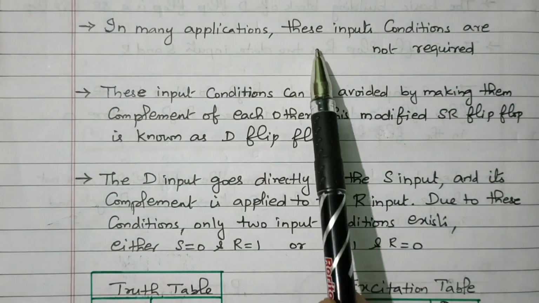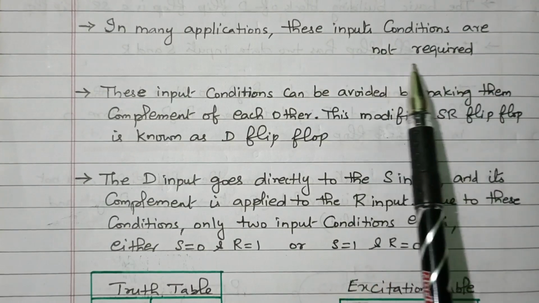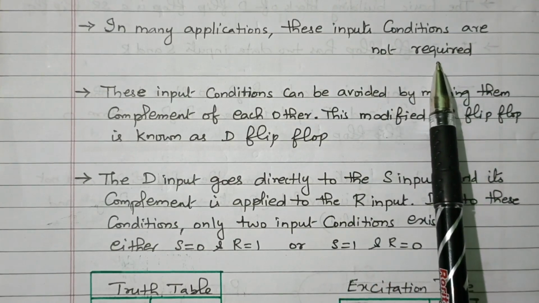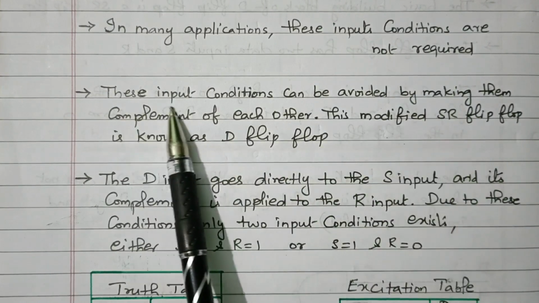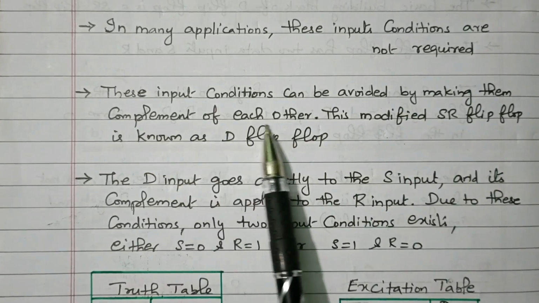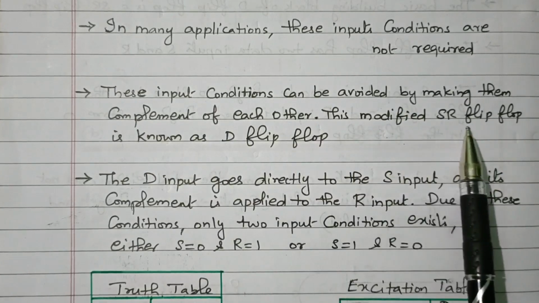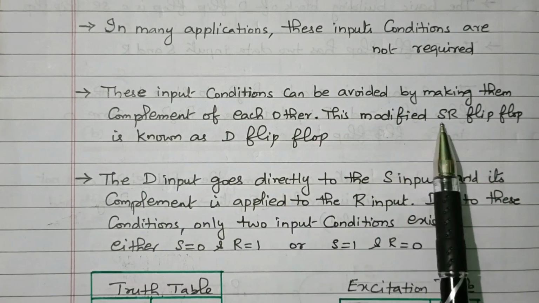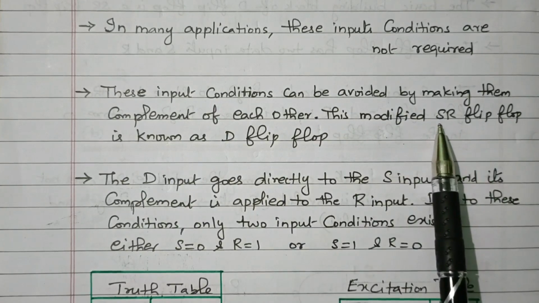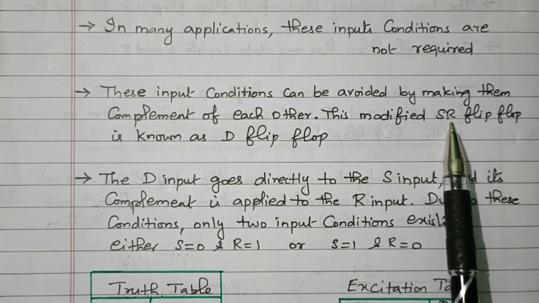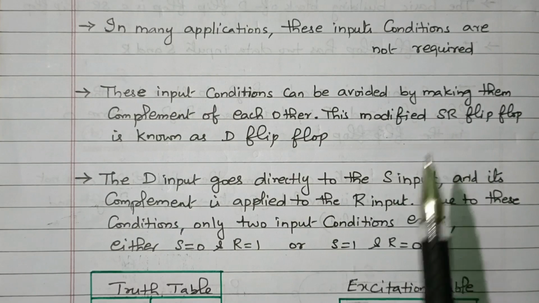In many applications, these input conditions are not required. That is, 0, 0 or 1, 1 is not required. Either we need 0, 1 or 1, 0. These input conditions can be avoided by making them complements of each other. This modification of the SR flip-flop is known as the D flip-flop. We modified the SR flip-flop so that S gets the input and the inverted input is received by R. So 0 means 1, 1 means 0.